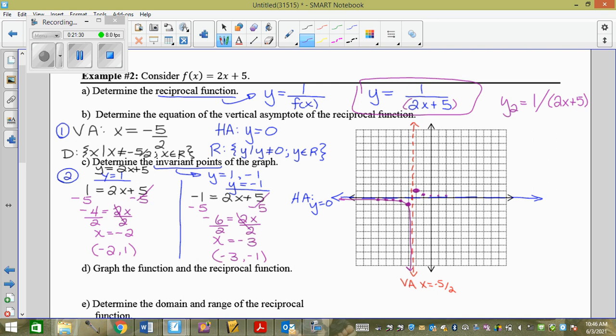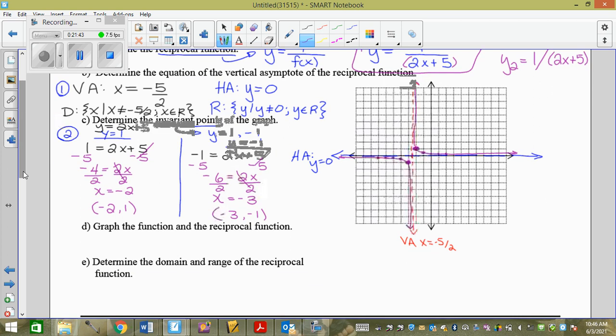Now this one, once again, we connect and then we ride along. And then here we connect and we ride along. And there's our sketch. So we graphed it. And the domain and range we already did, because once you have the asymptotes, domain and range are instant, right? So honestly, I think the hardest part of the new stuff we're learning today is just getting the invariant points: setting each equation equal to 1 and negative 1, and solving.